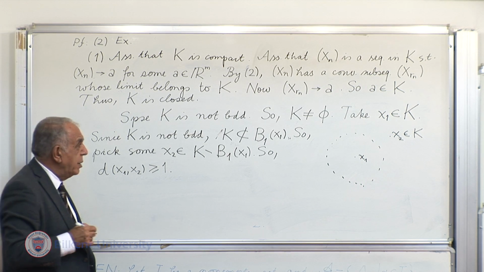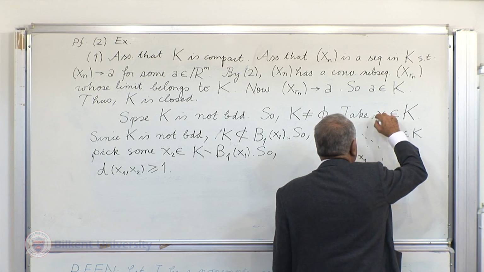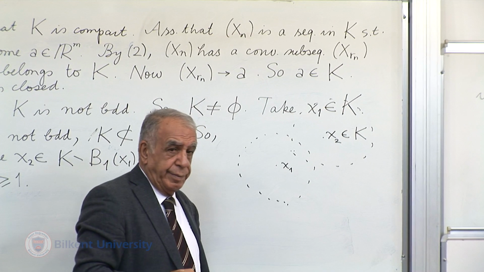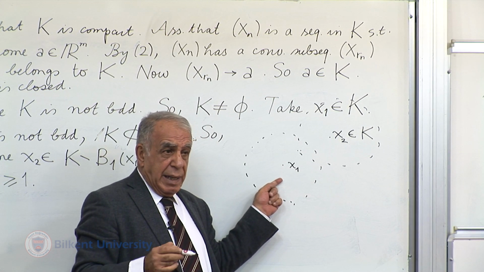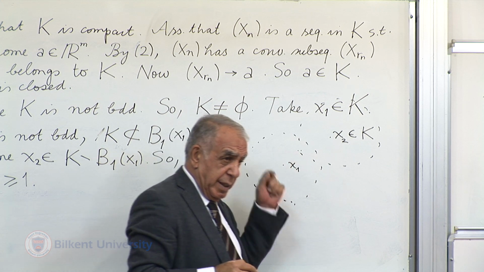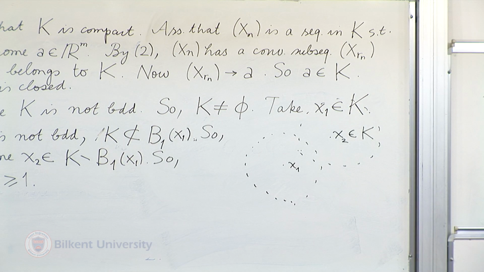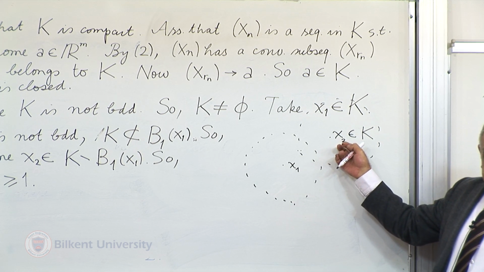Can I continue this process? Yes. Continuing would mean I will take a one ball about x2. I will take the union of these. By the lemma, what do we know about the union of two one balls? That will be bounded. So K will not be entirely contained in the union of these.